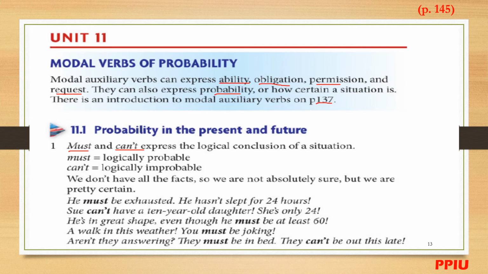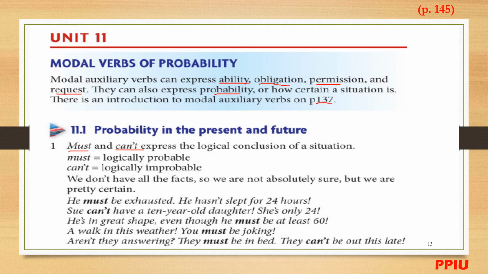And we don't have all the facts, so we are not absolutely sure, but we are pretty certain. All right? So that is the part where we just believe or suppose that it might happen.